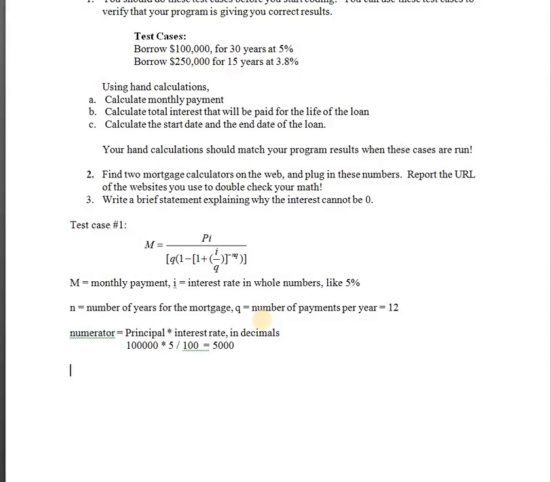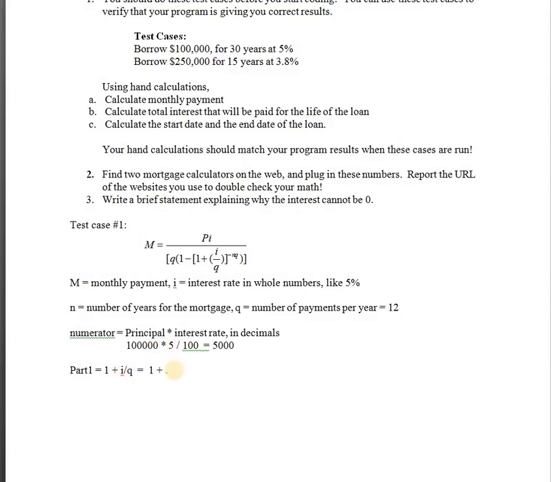Now, to work on the denominator, I'm going to take part 1, and I'm going to start on the inside right here. 1 plus I over Q is going to be equal to 1 plus, now this I is 5 over 100.